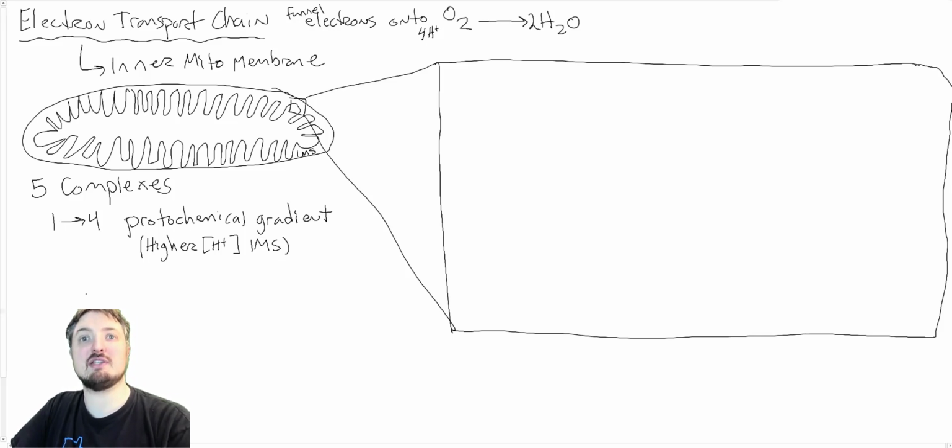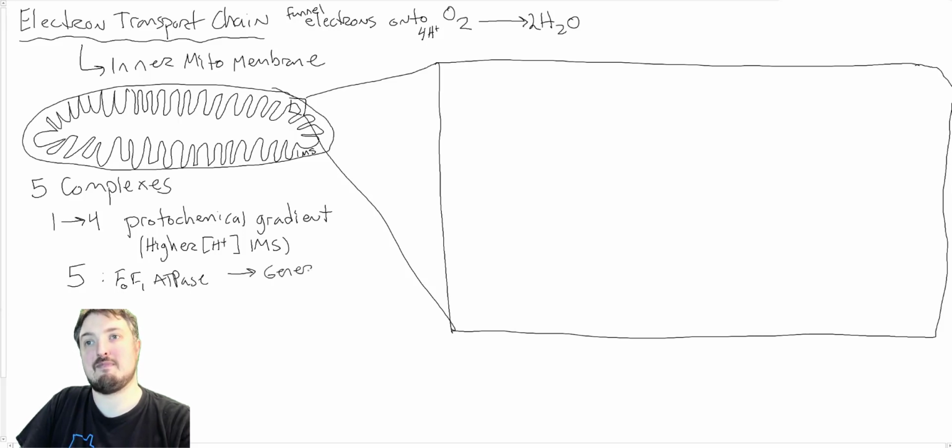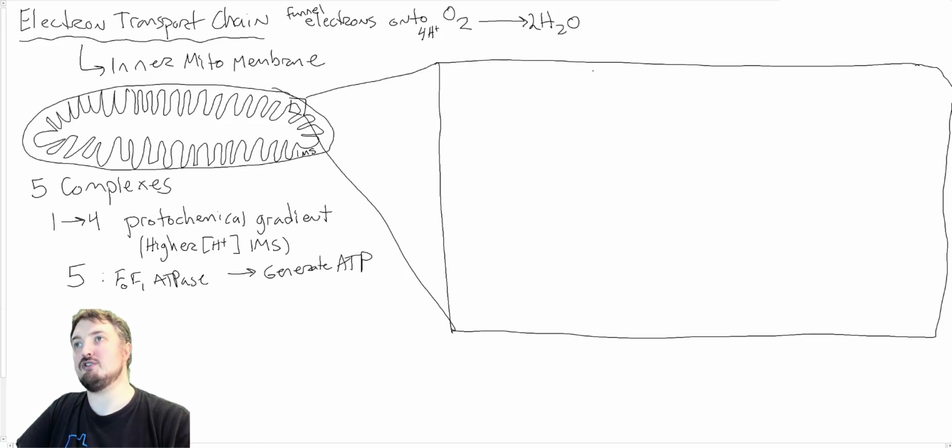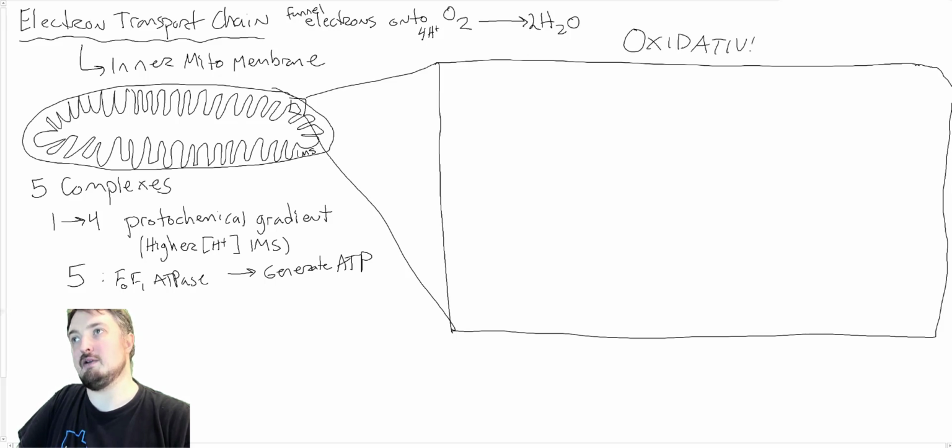We're going to use that gradient to fuel number 5, which is our F0 F1 ATPase, to generate ATP. Together, these are typically referred to as oxidative phosphorylation.